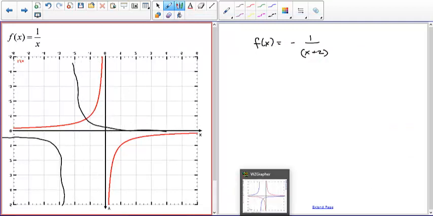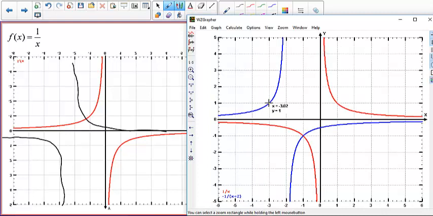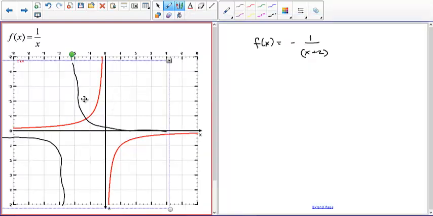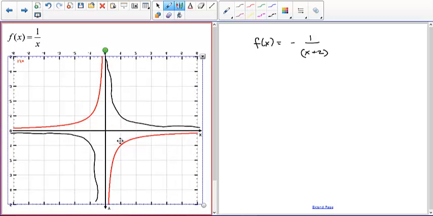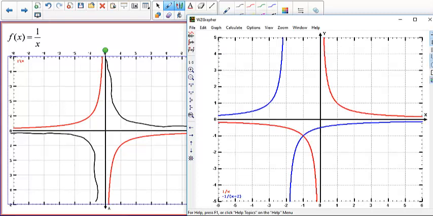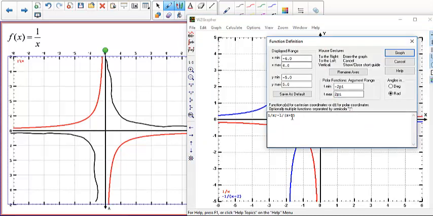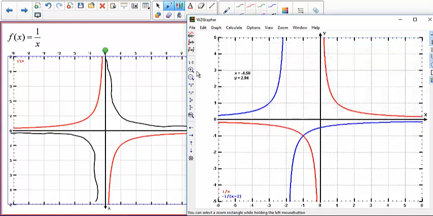Let's see what we're doing here. I don't think I actually ever... What did I do? I rotated that across the x-axis, and then I was going to shift it. Maybe I got it wrong here. Make sure I did this right. -1 over x plus 2. Okay, so that should be okay. I might have just remembered it wrong.